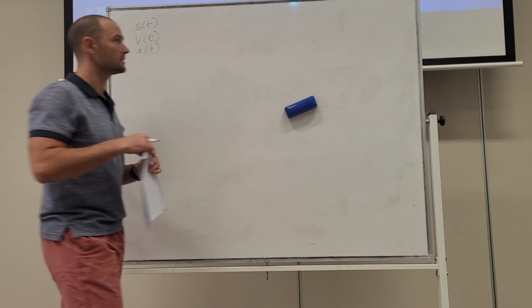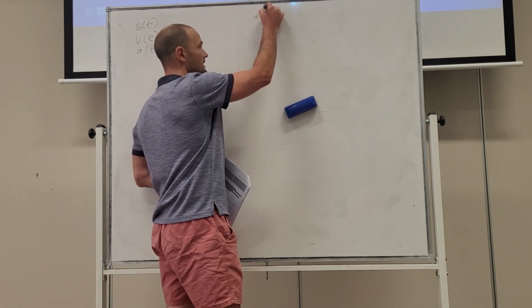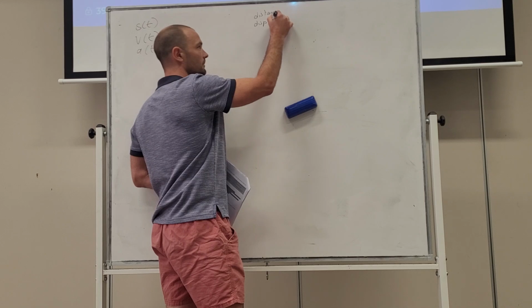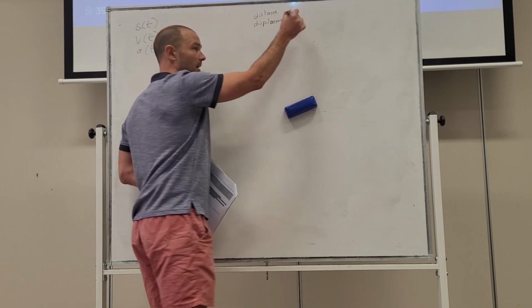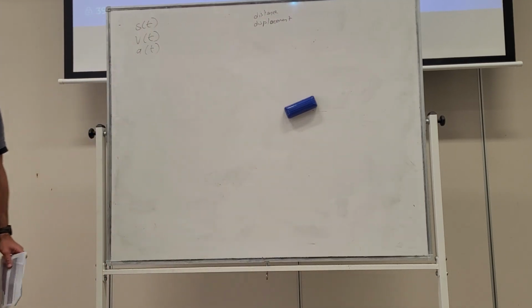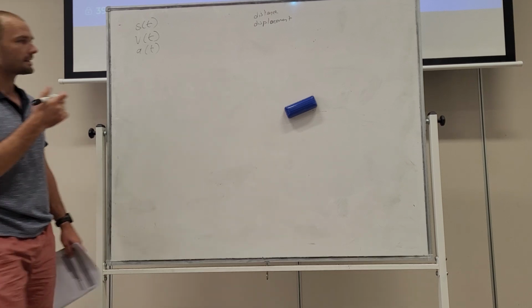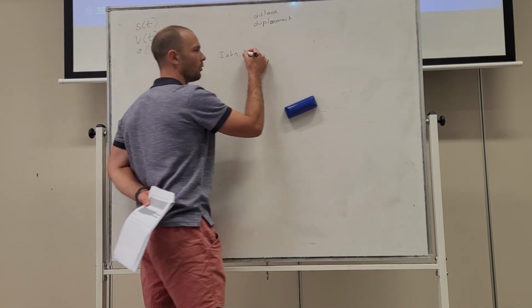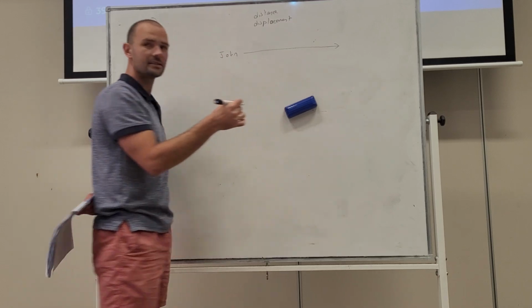Now just quickly, the difference between distance and displacement. This is an important distinction because we will be asked about both distance and displacement. Let's say here's John, and John walks 10 meters to the east.